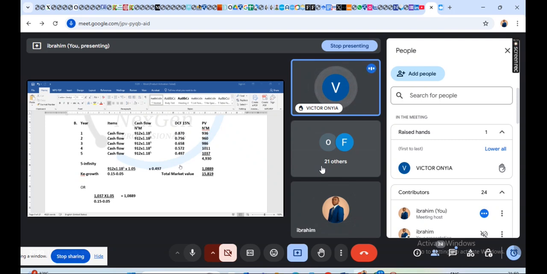If we apply this perpetuity factor to find the value of the cash flow, meaning we have annual cash flow over R, where R is the rate of cost of capital.